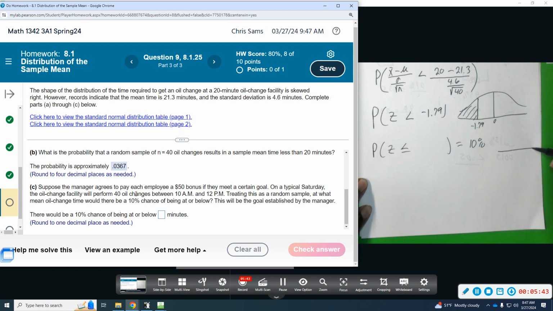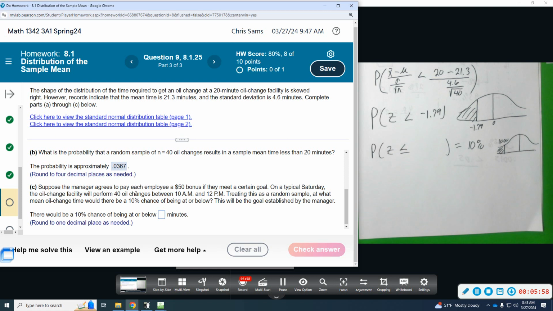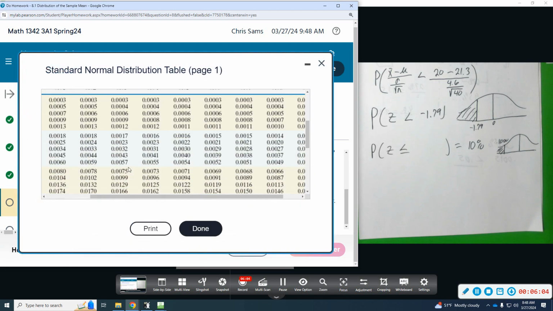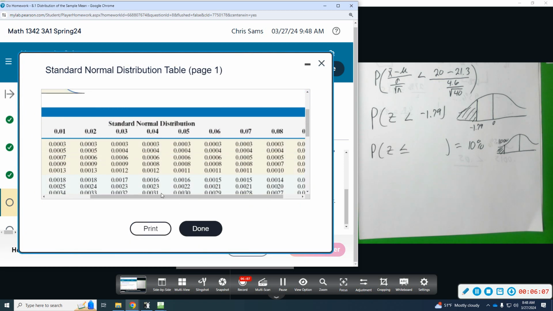So we're looking for this area right here to be 0.1000. So I'm going to find that Z value, work backwards, and then find the mean. So Z chart, looking for 10% in the middle.